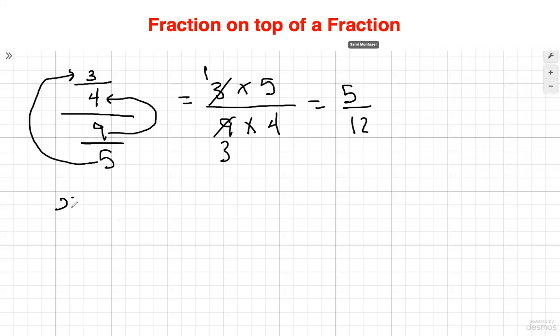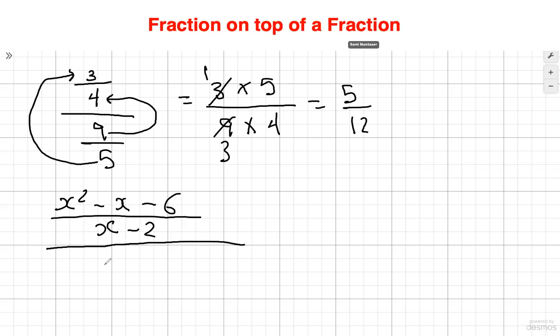So how about if we have x squared minus x minus 6 over x minus 2, and we have x minus 3 here over x squared minus 4.